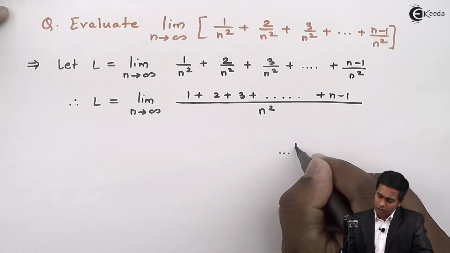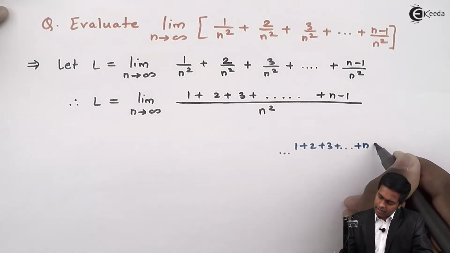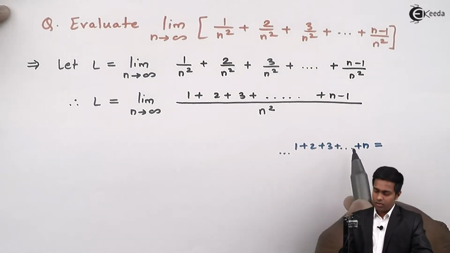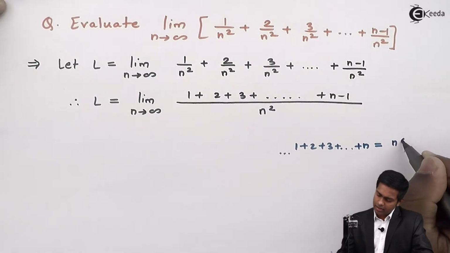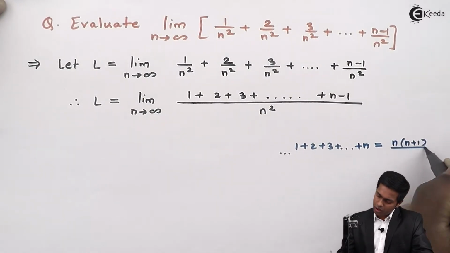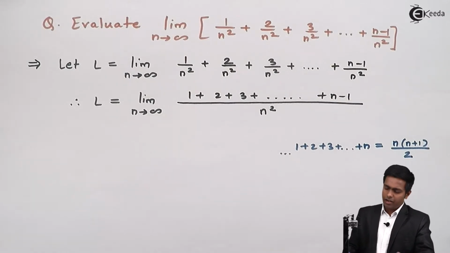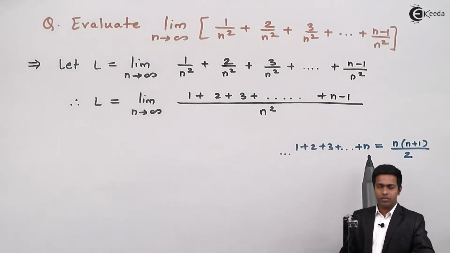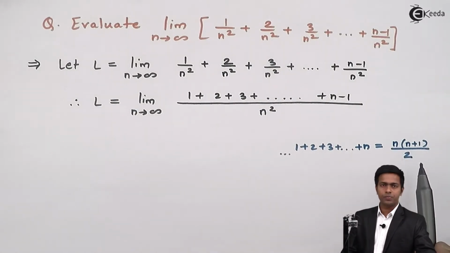The formula for the series 1 plus 2 plus 3 till n, that is the addition of numbers till n, is n into n plus 1 upon 2. So if a series is in arithmetic progression and we want the summation of n terms, the formula is n into n plus 1 upon 2.